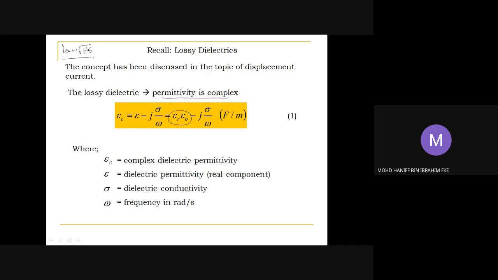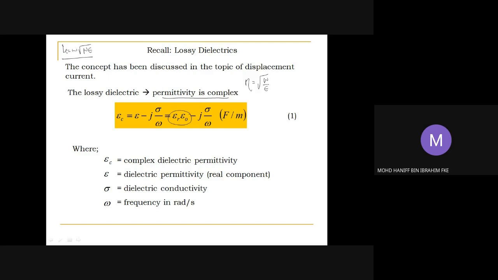This is a very direct effect when we have a complex value for epsilon, in which K will also be a complex number. The same thing applies for the intrinsic impedance. Impedance is given by root of mu over epsilon.